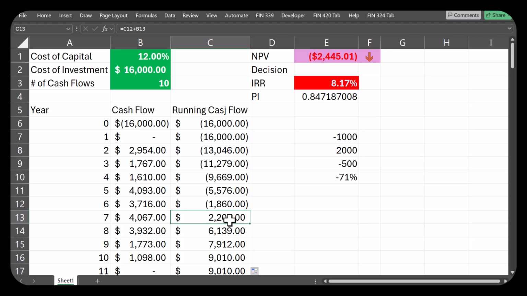In year 7, right? So I'm going to get paid sometime during year 7. Since we don't have details about how that cash flow comes during the year, we're going to act as if that happens uniformly.